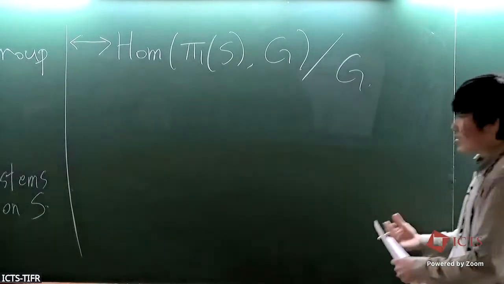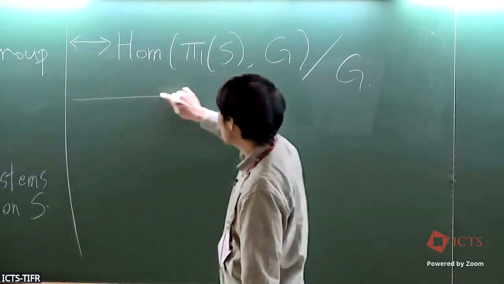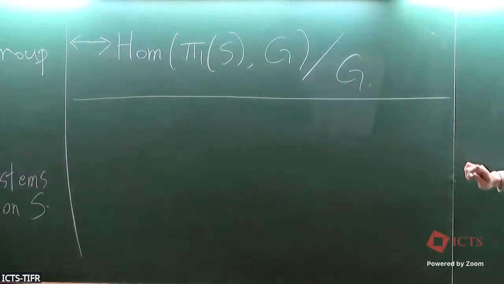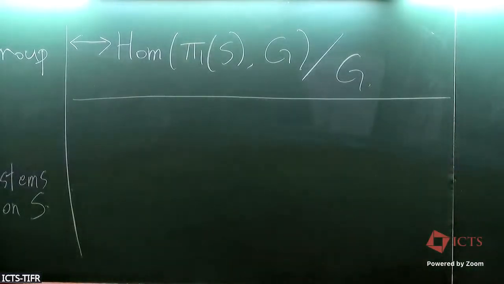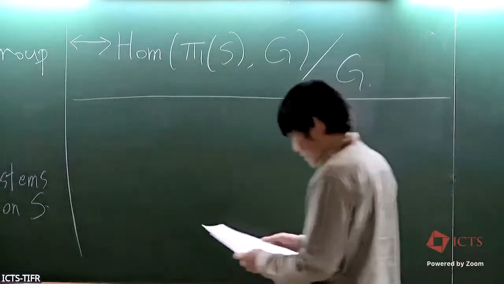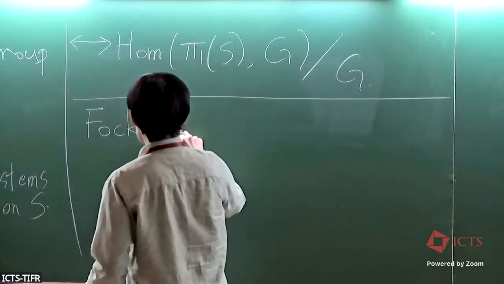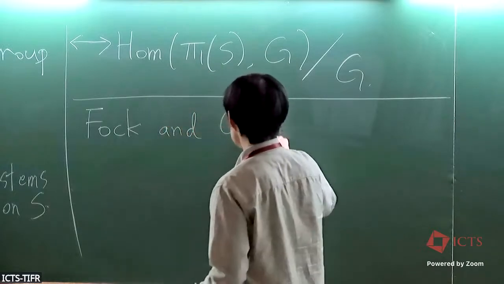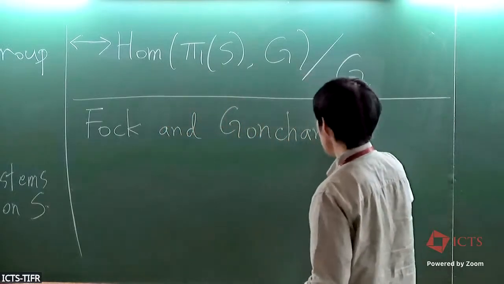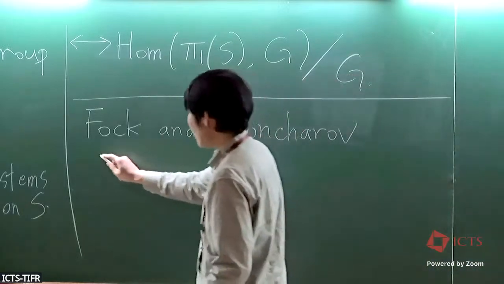But for some aspects, this space by itself is kind of difficult to study. So what Fock and Goncharov did, in the early 2000s, and later Goncharov and Shen, is to study certain modified versions of this space.